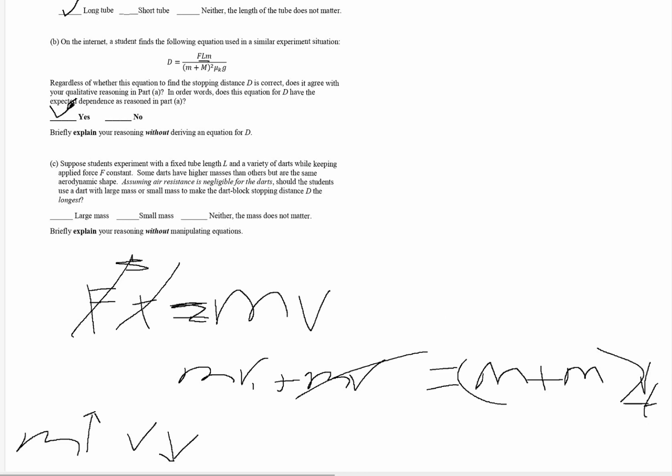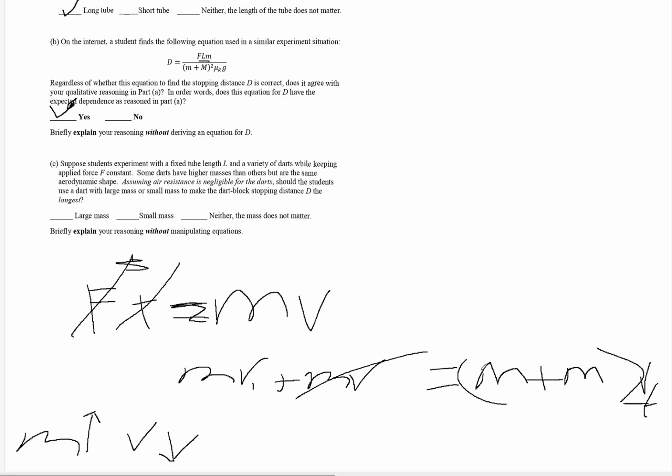So we know that mass and velocity have an inverse relationship. So the larger the velocity, the smaller the mass. But the mass of the dart is less than the mass of the block, so it has less of an effect. So even if the mass is lower, if the velocity is high, the velocity will affect the final momentum more.